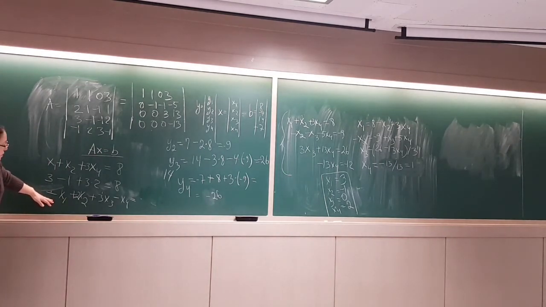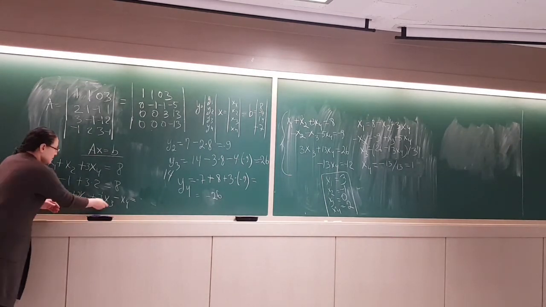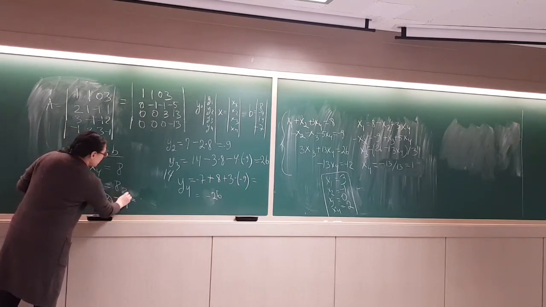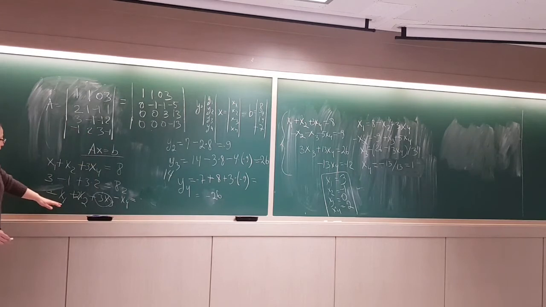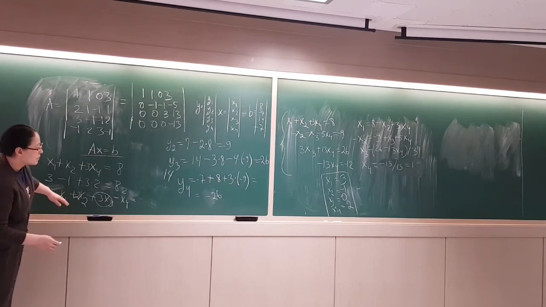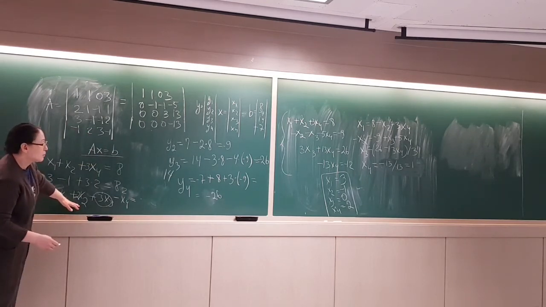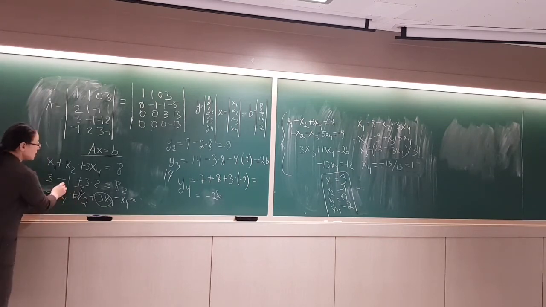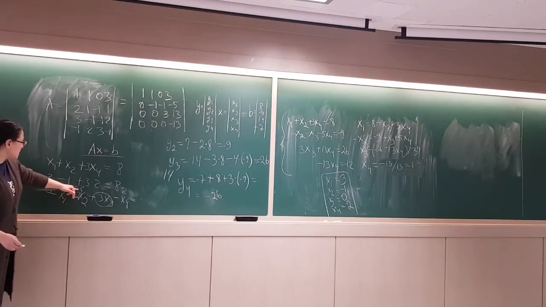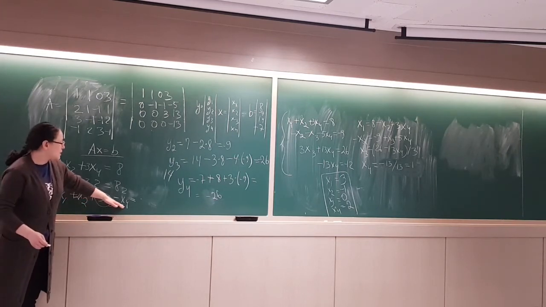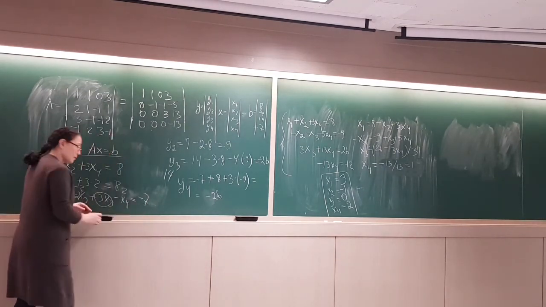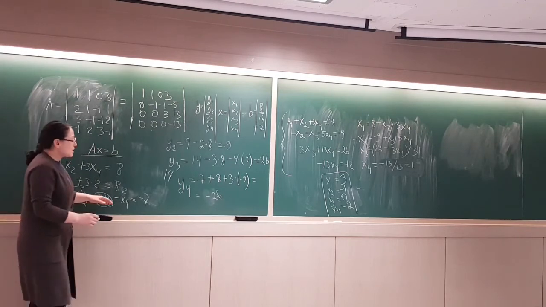Here x3 is 0, this is 0. x2 is, x4 is 2, this is 6, minus 2, and this is 3. It will be minus 3, minus 5, and this is minus 7. Minus 7. This is how to check.